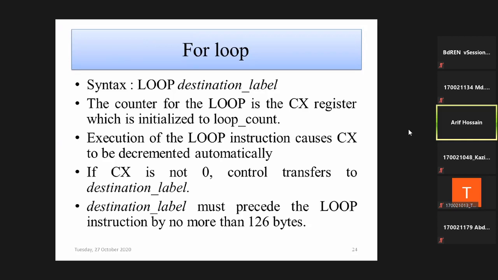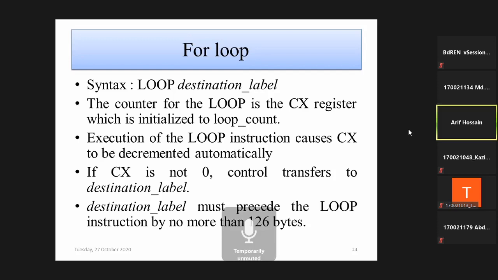In other cases, every time we used jump. Jump does not affect any register just by calling jump; you need to either increment or decrement. But whenever you call this loop instruction, it automatically decreases the CX register by 1. All right.